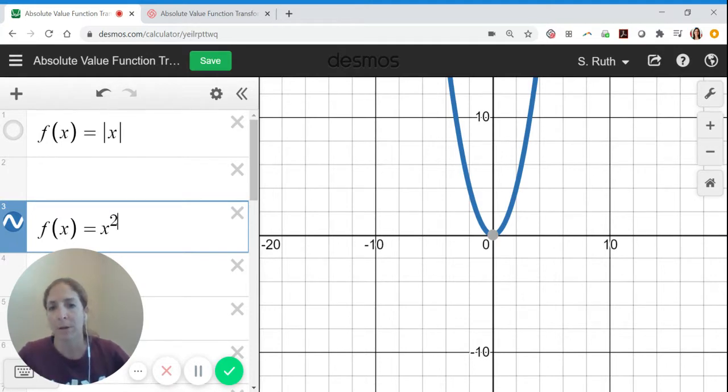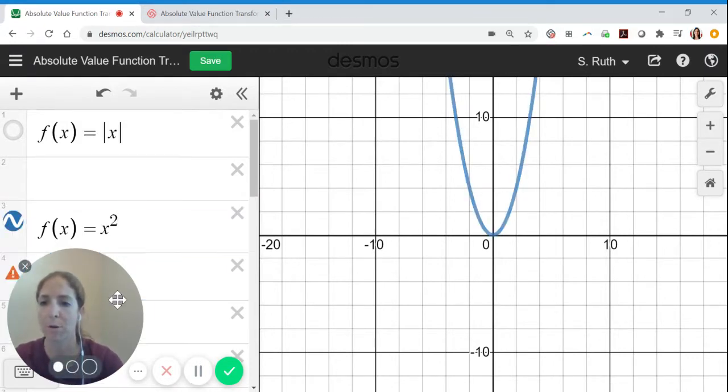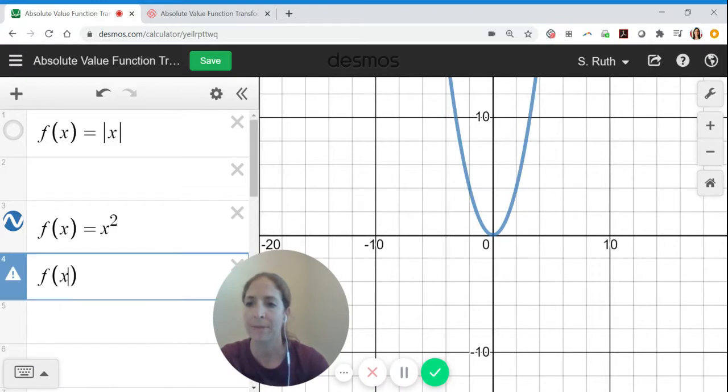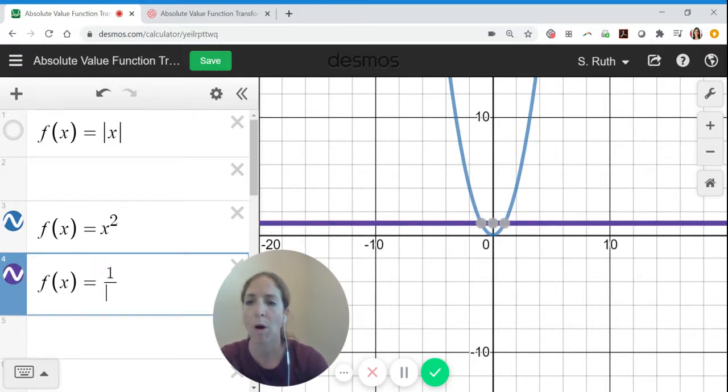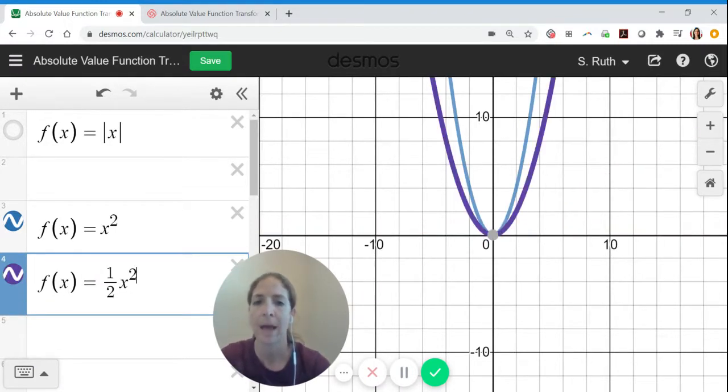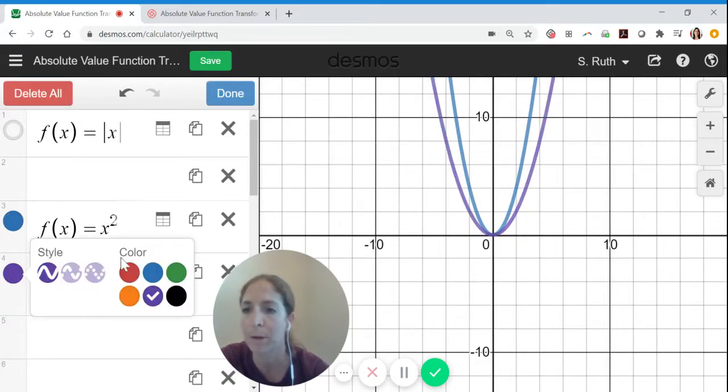But you probably also remember some things like how to make that graph reflect across the x-axis or how to make it wider or narrower. So just to show, for example, if I take another parabola, and this time I'm going to throw a 1/2 out front, how do those two graphs compare?